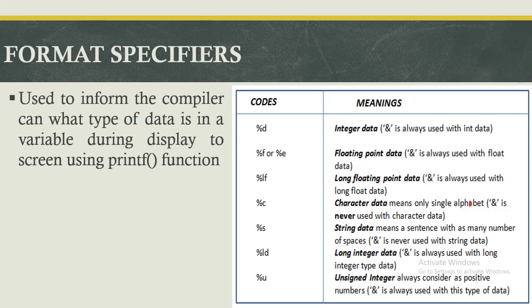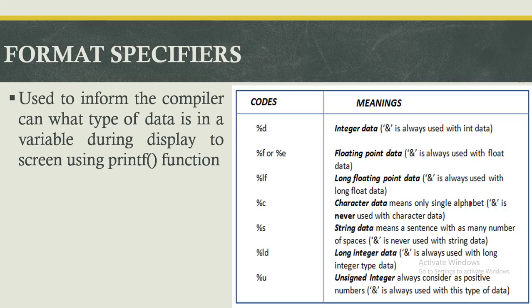A format specifier simply reminds your compiler the type of data that exists in your variable, and so it enables it to display that particular kind of value onto the screen.